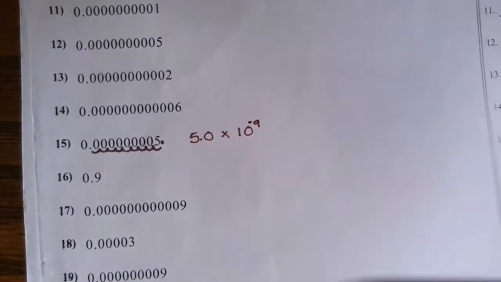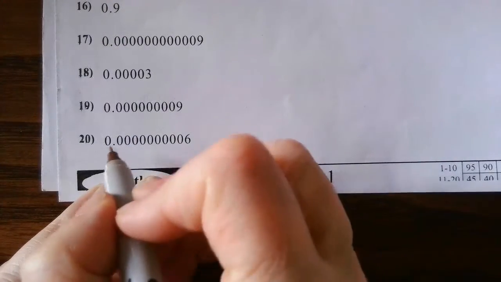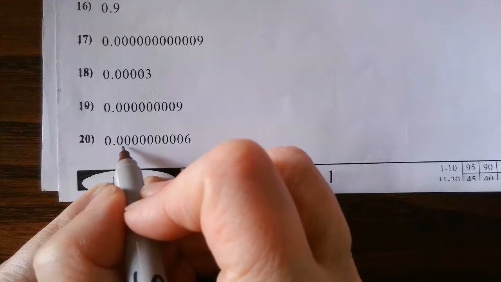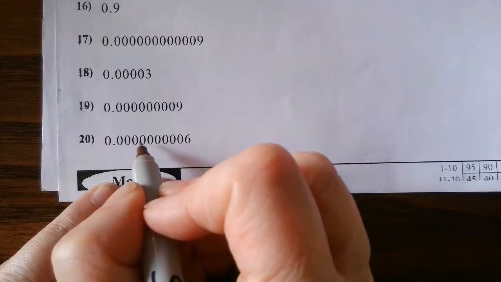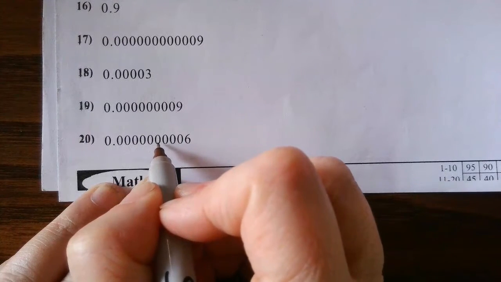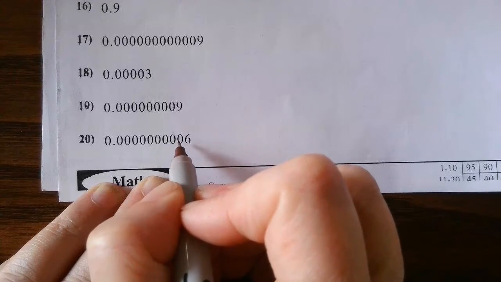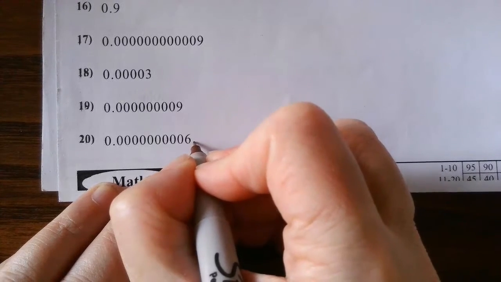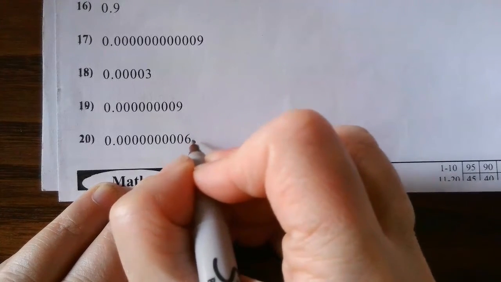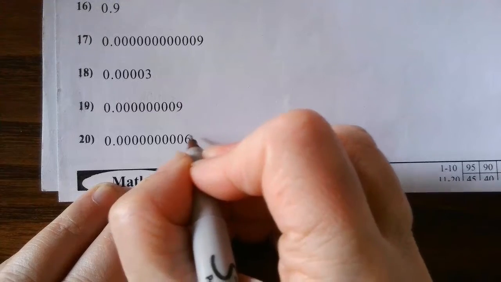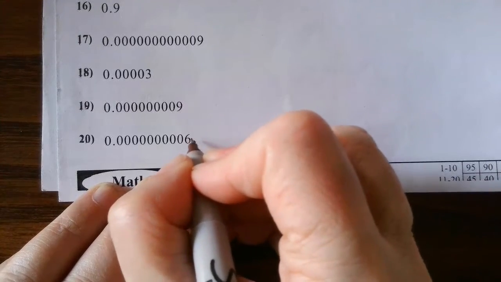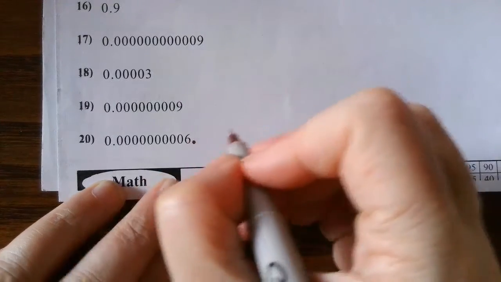Let's try another decimal on number 20 here. Okay. I'm moving it 1, 2, 3, 4, 5, 6, 7, 8, 9. I've got to move it 10 places to get it to the right-hand side of the first non-zero digit.